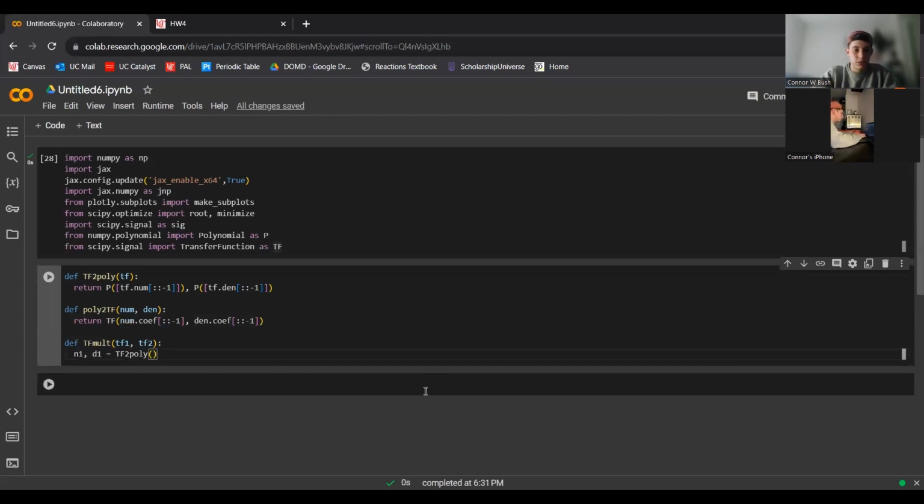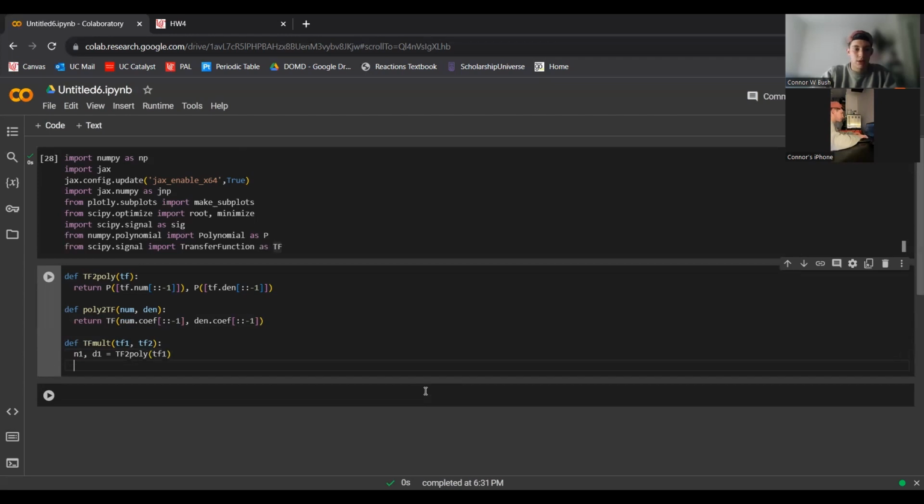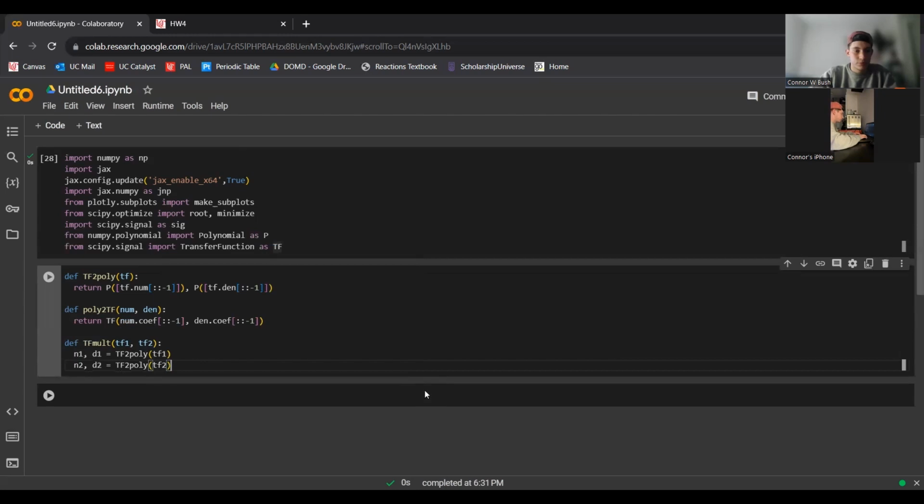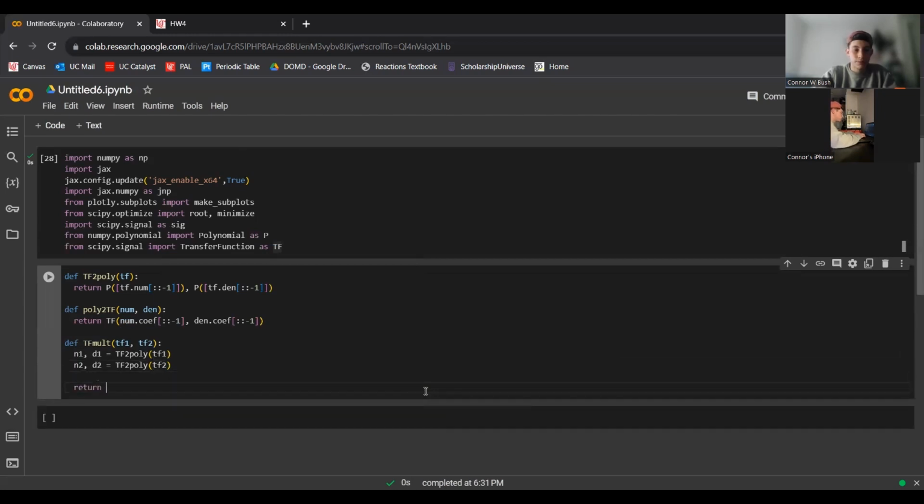So basically we just have to do TF2 poly for our transfer function 1. And then similarly for the numerator and denominator, we use that function again, however, with our second transfer function. And then we want to return, since we're converting this into the polynomial situation, we're going to have to do poly to transfer function.